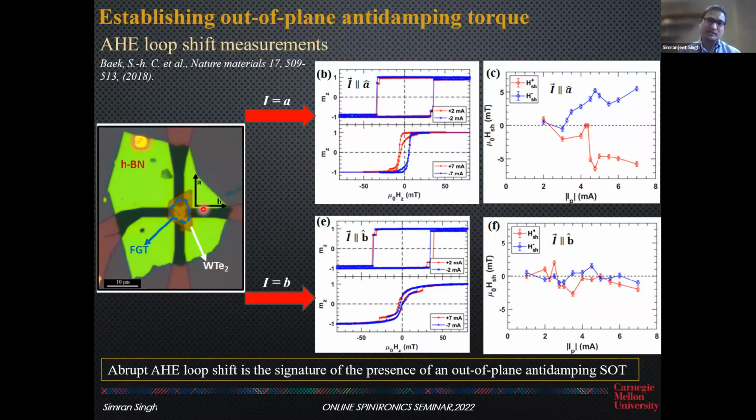But then again, we are doing some kind of approximation, because in our samples we have FGT, which is conducting, with higher resistivity but still conducting. I wish we could measure the conductivity of FGT alone and WTe2 alone in the device. Instead we base it on flakes measured separately with similar thickness.